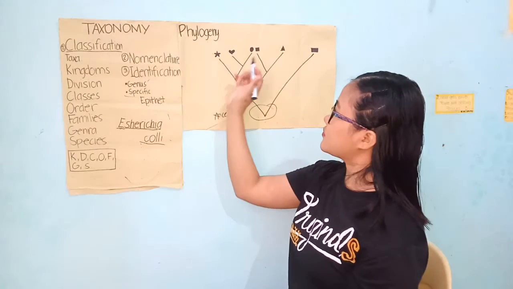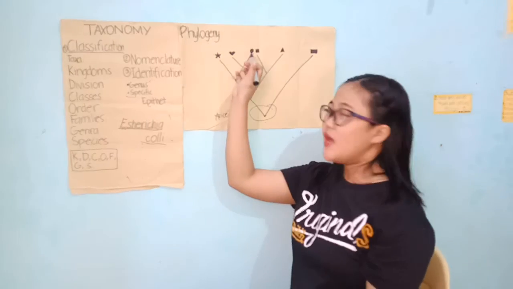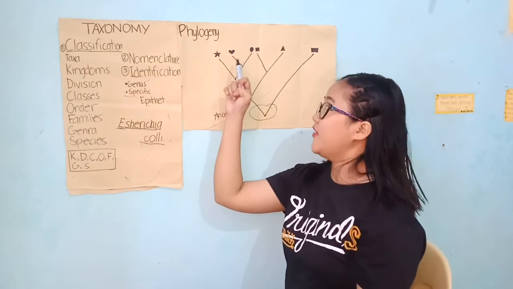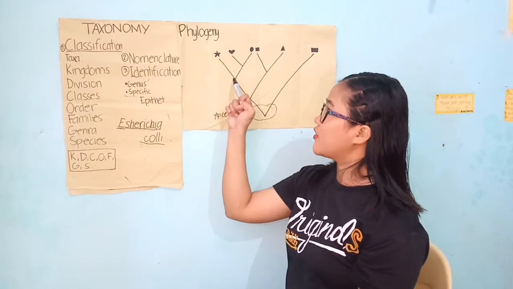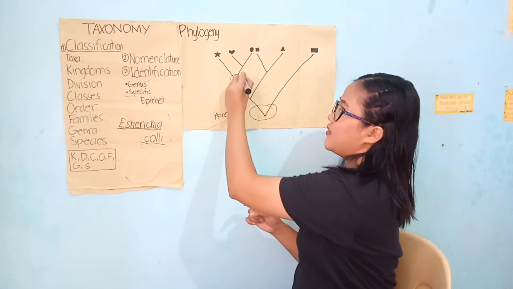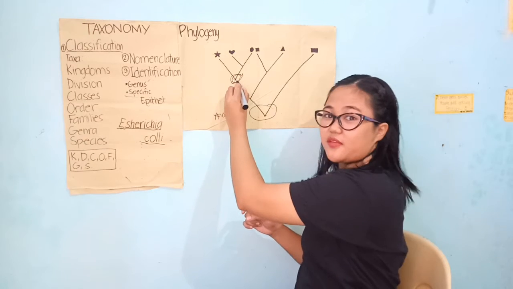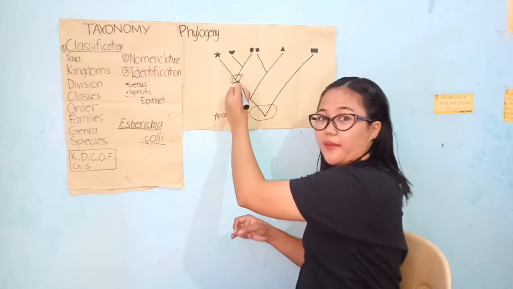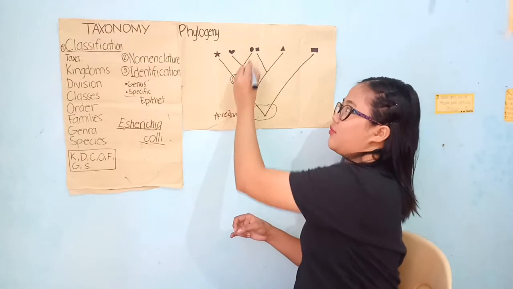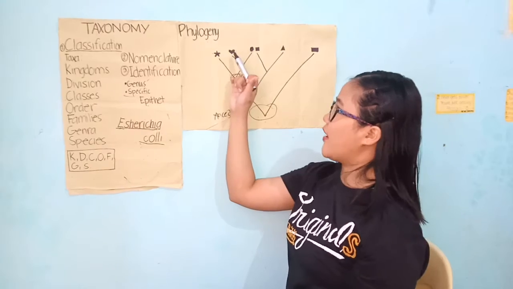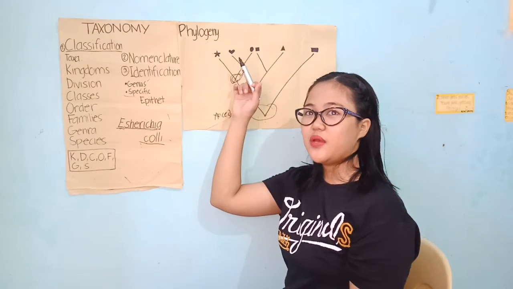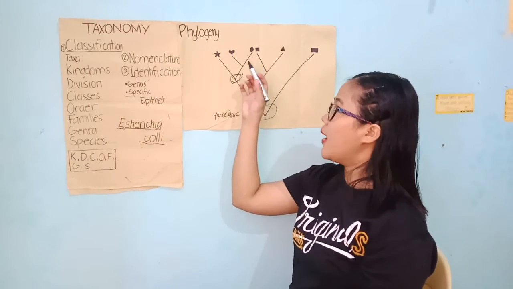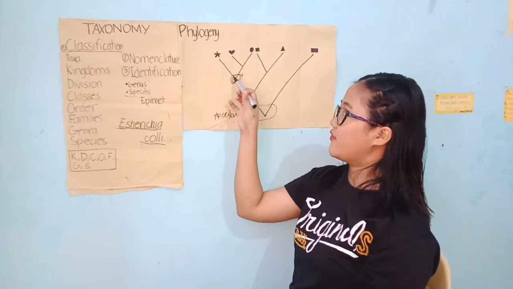This one, the heart and the circle, are related to each other because of their root. For example, this is their root or ancestor. These two came from this branching. They may not have the same name or the same shape, but they are related because of their ancestor.